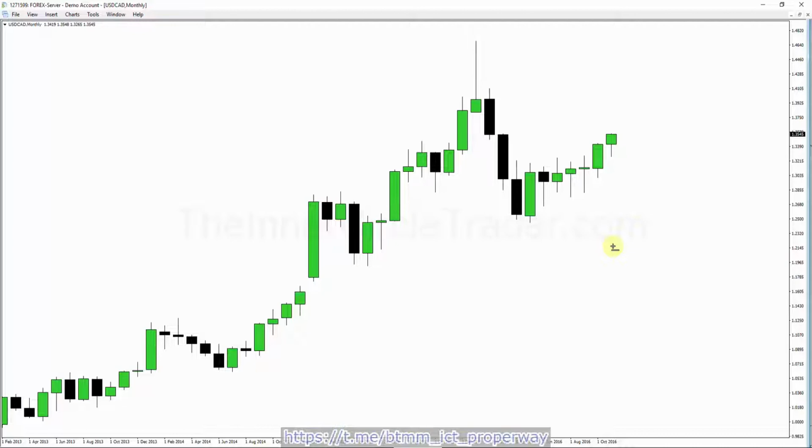Big ranges on a monthly chart are a result of enormous amounts of buying or selling interest by the smart money. Again, retail can't move price, so if we can see where they're most likely going to place orders to buy or sell, and we can see it on the monthly chart, we stand to make a great deal of pips, and we don't have to trade a whole lot to do it.